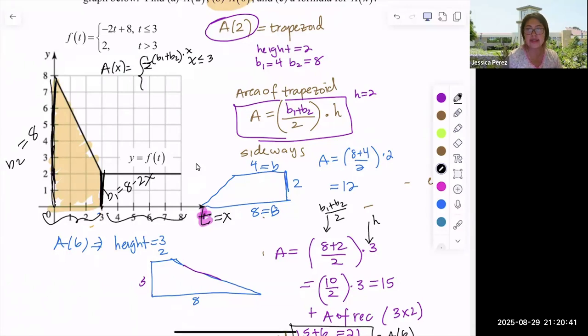My x is the height. We don't know what the height is. It depends on my x.